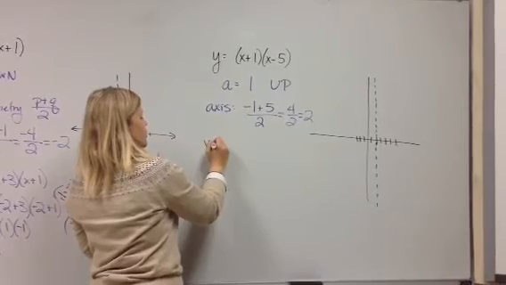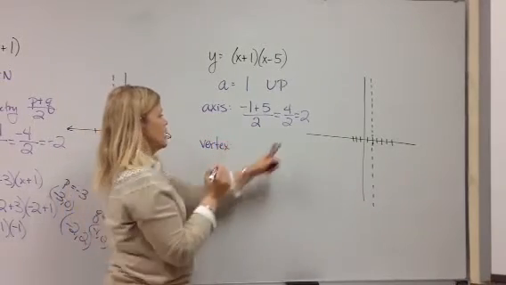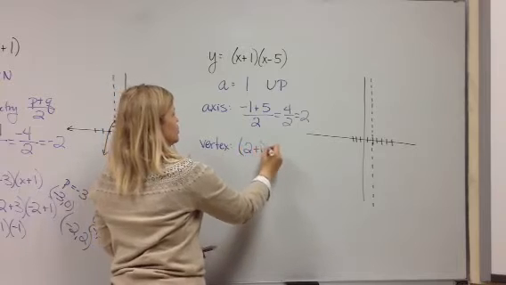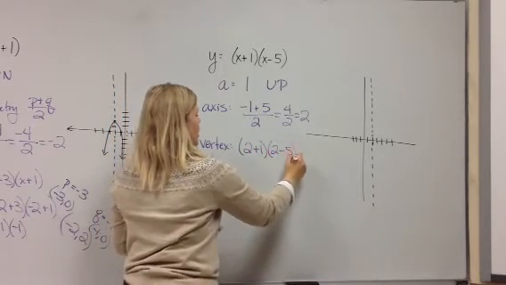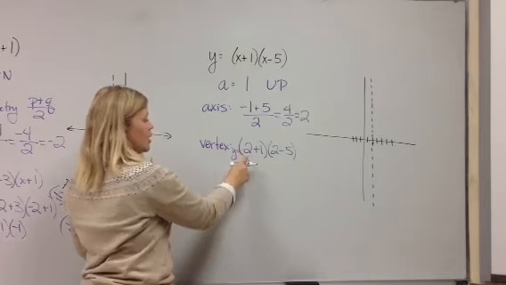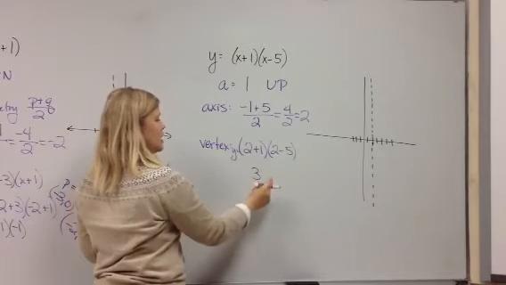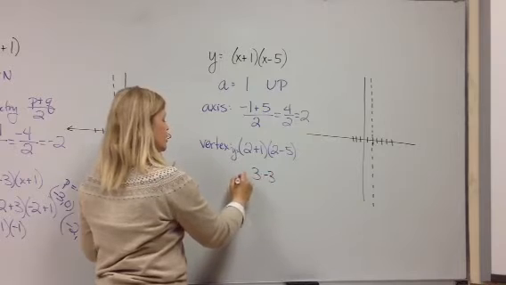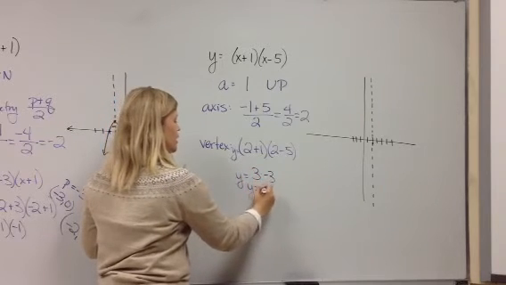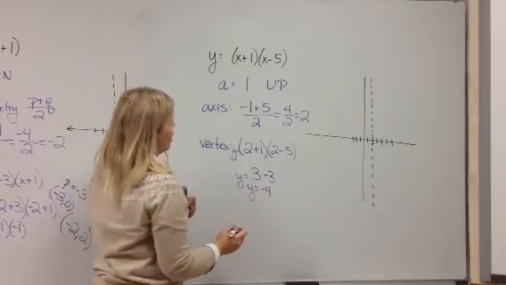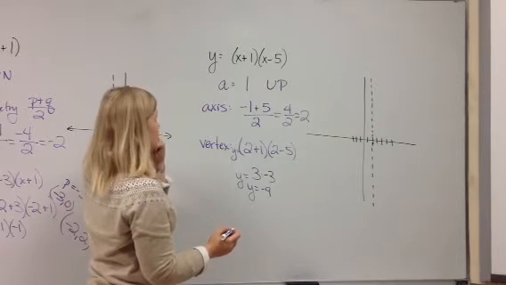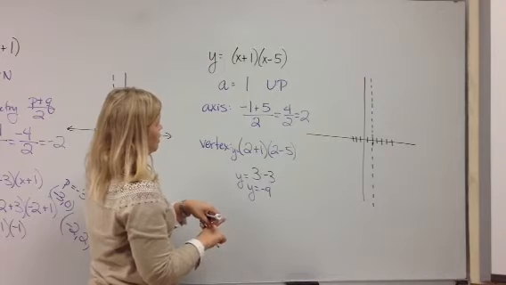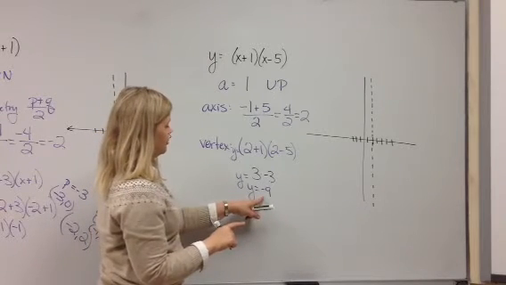Now we need to figure out the vertex. We're going to take this number 2, put it in, and we've got 2 plus 1 times 2 minus 5, and that's going to equal our y. What is 2 plus 1? 3. 2 minus 5 is negative 3. When we multiply them, we get negative 9.